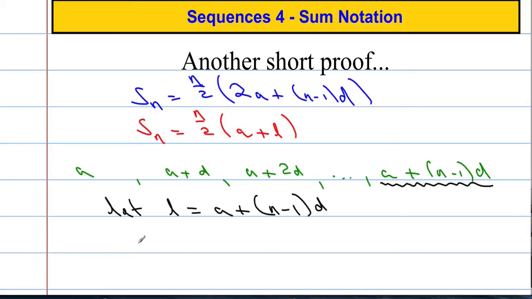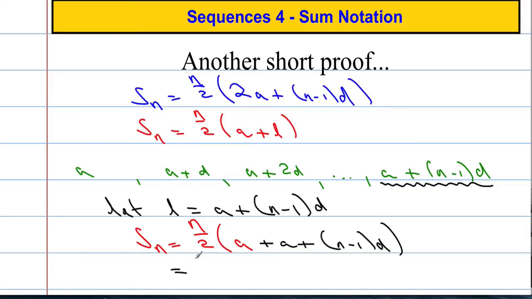So if we take what we already know, S of n is going to equal n over 2 times a, and I'm substituting this part in black. Instead of L, I'm going to write plus a plus n minus 1 times d. Let's tidy that up.